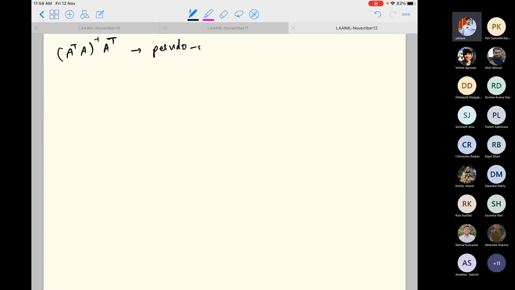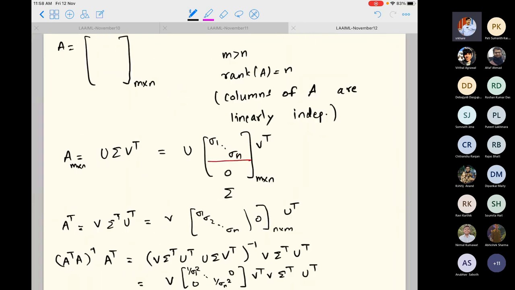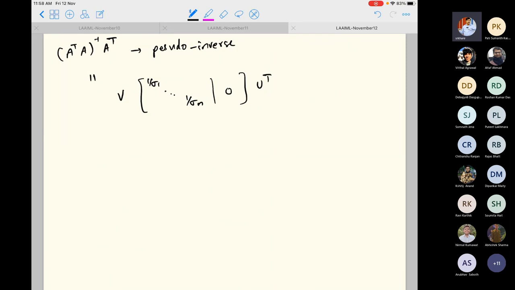This is the matrix that I really wanted, the generalization of the inverse. It will be equal to V, 1 upon sigma 1 up to 1 upon sigma n, and this 0 and U transpose. Simplifying further, 1 upon sigma 1 square multiplied by sigma 1 gives 1 upon sigma 1, and so on. So this is what you will get.